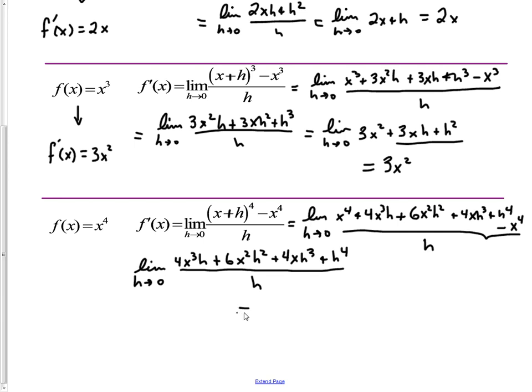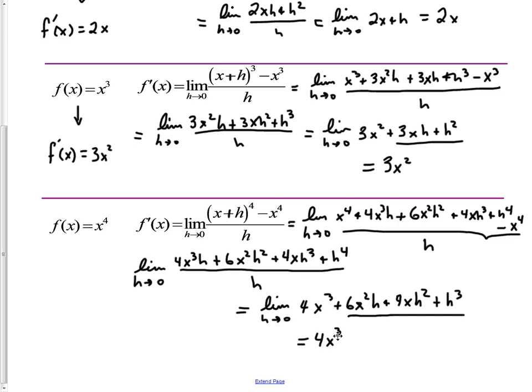When we cancel out that common factor of h, we're left with the limit as h approaches 0 of 4x cubed plus 6x squared h plus 4x times h squared plus h to the third, but it doesn't really matter what happens with these last terms, because as h goes to 0, we're left with 4x cubed. You see the pattern now?